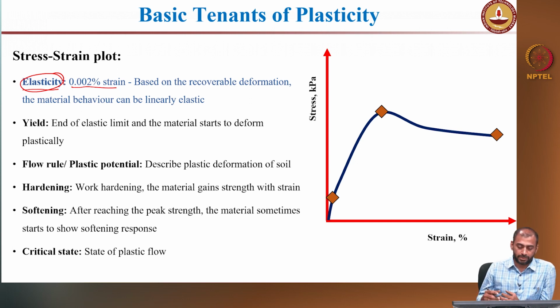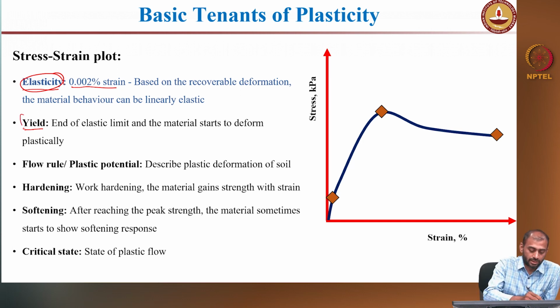After this the material response is mostly plastic. There is some sort of dissipation that is taking place, right. So once the material starts yielding, the point at which the material starts yielding is called the elastic limit, and the behavior is predominantly plastic after this particular point, right.